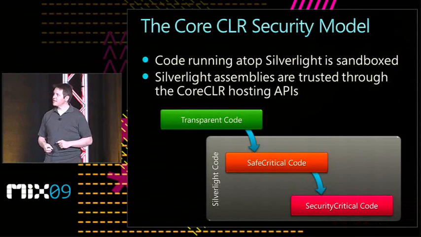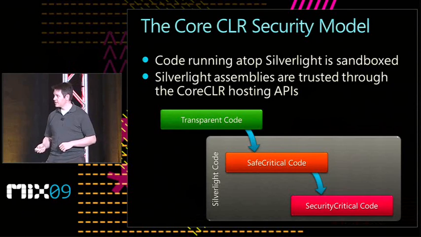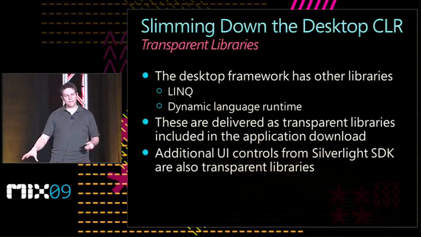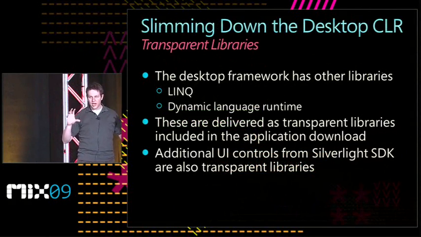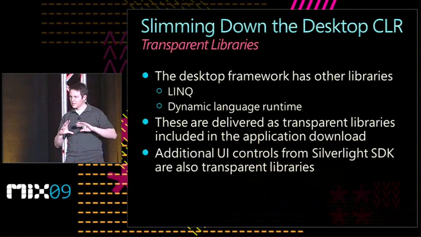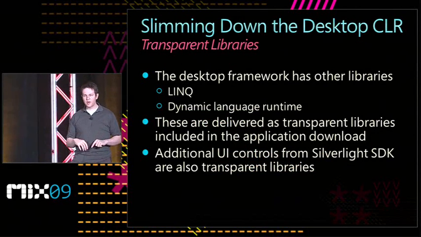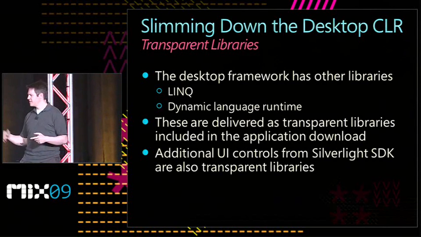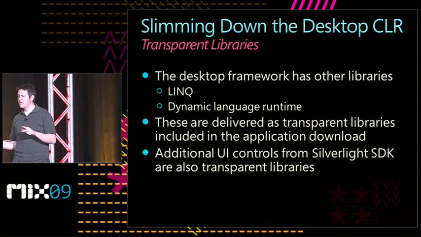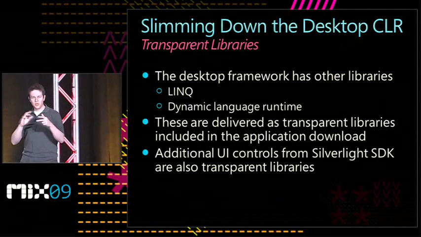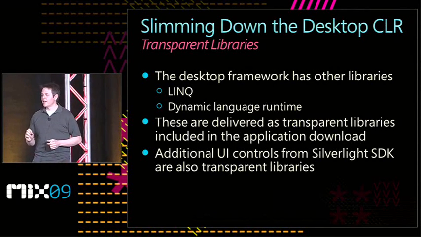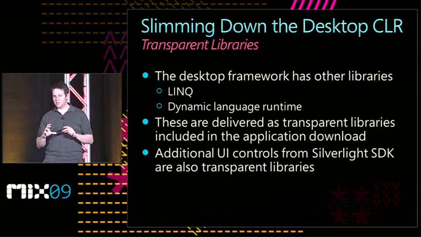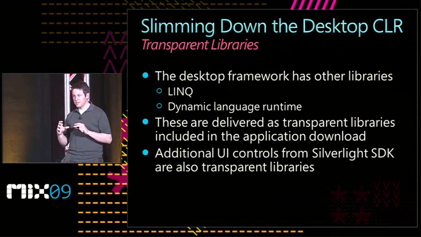And that led us to another ability, which is to actually factor out parts of the libraries outside of the Silverlight download. In the .NET Framework, we would have included everything from LINQ to parts of the dynamic language runtime in the framework. In this case, we optimize for the better install experience of Silverlight.